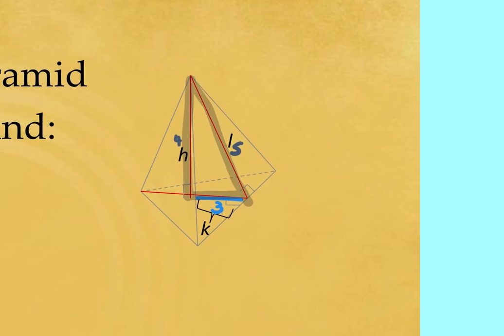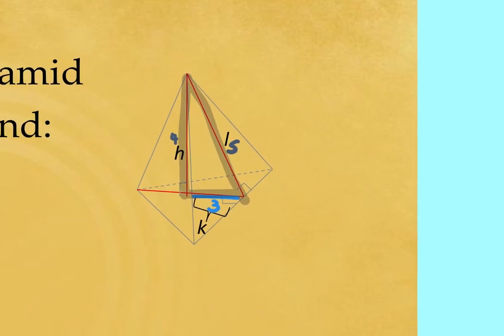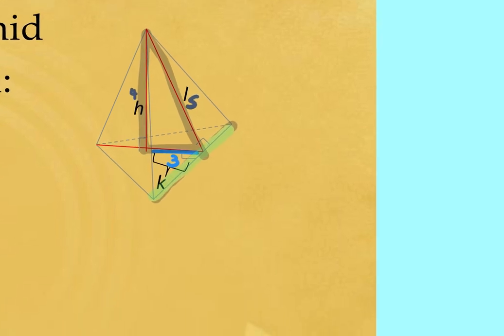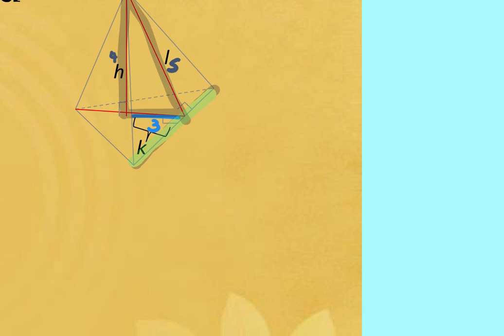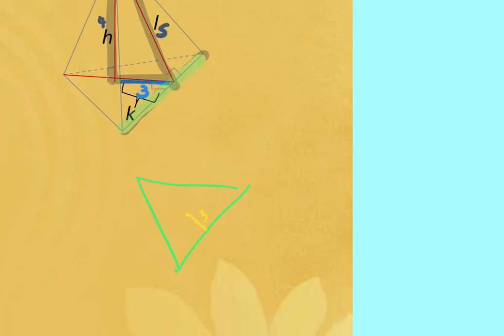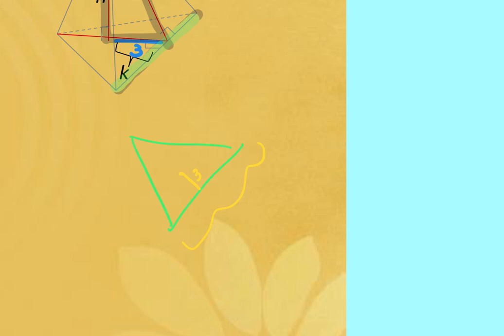Then it wants the base edge. So the base edge would be any of the side lengths on the bottom of your equilateral triangle. If you are looking directly down at it, they gave you the 3 as the apothem, and they want the whole side length.